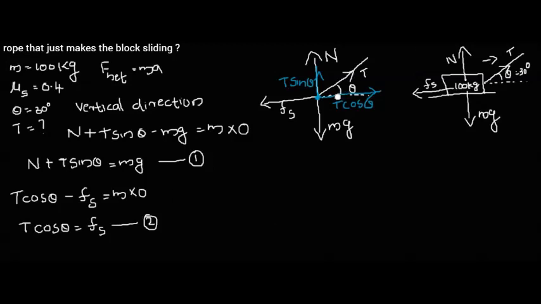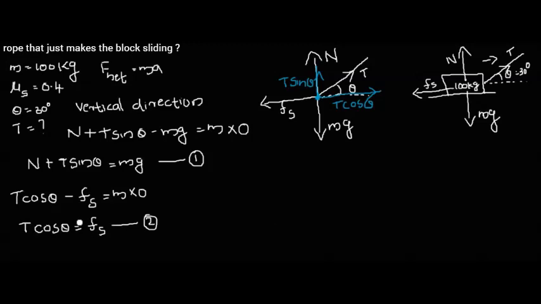Right. So after drawing the free body diagram, we applied Newton's second law and we got 2 equations along the vertical direction and the horizontal direction. Now the problem is simple. By solving equations 1 and 2, we have to find out the value of tension. So from equation number 2, writing an expression for tension, T equals Fs by cos theta, and if the values of Fs and cos theta are known, I can easily calculate tension.